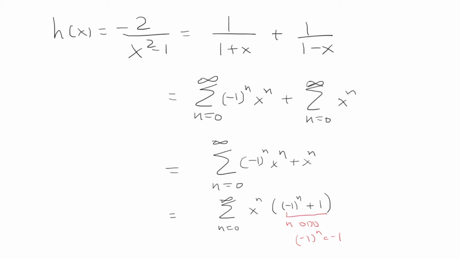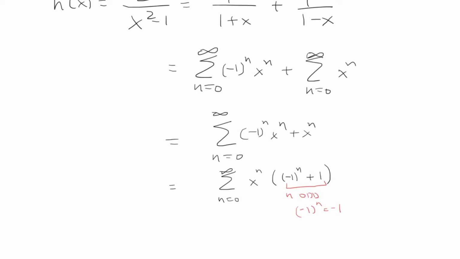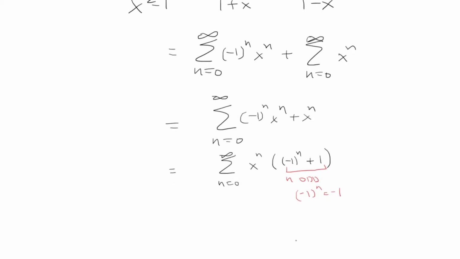So this whole thing is going to be 0 when n is odd. Therefore, we only care about the even numbers. The even numbers are what is going to give us a number that is not 0.